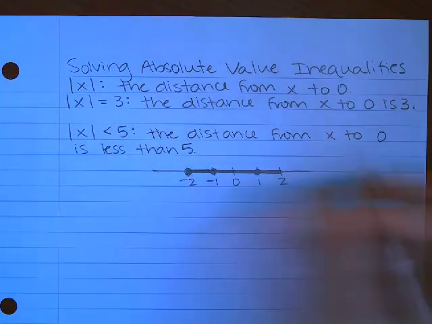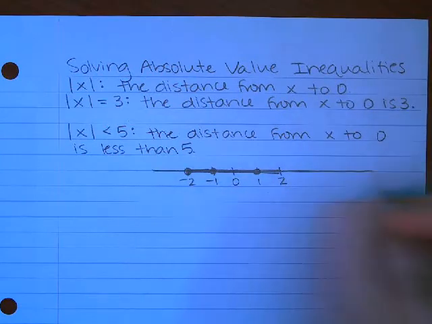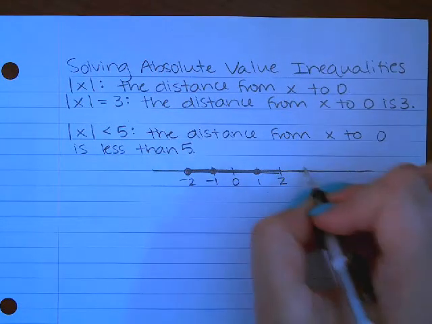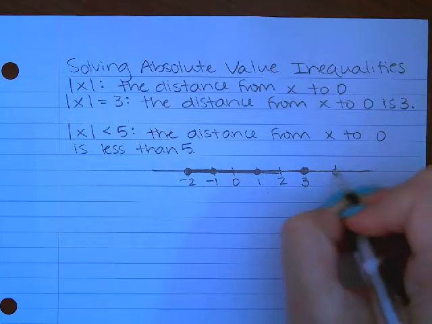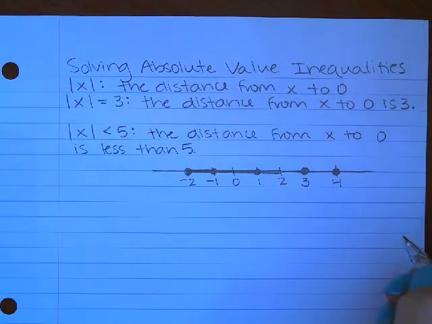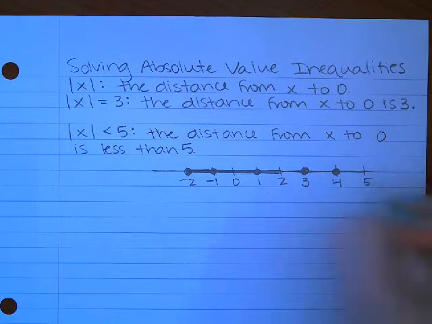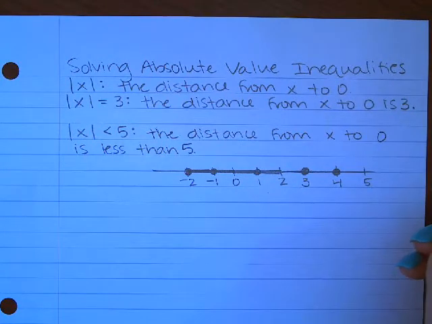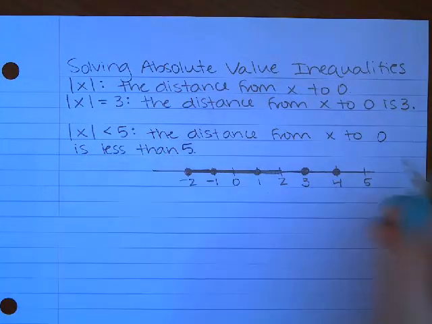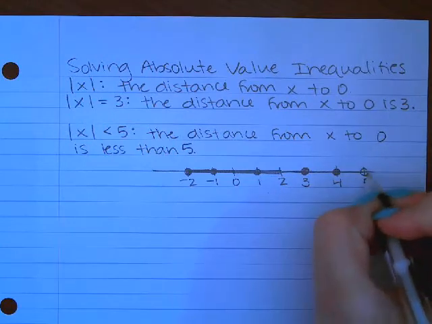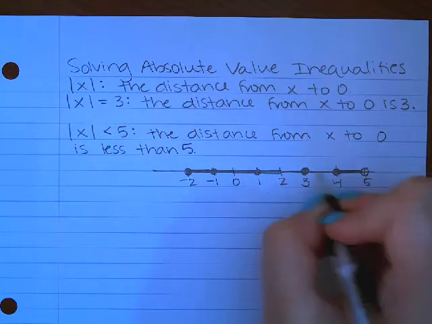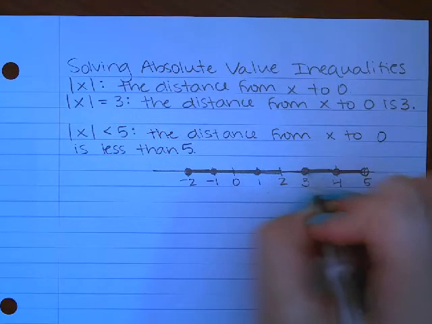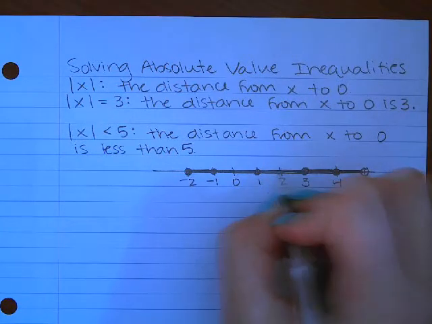In fact, if we keep extending our number line, we can go up to 3. That's a distance of 3 from 0. 4, that's a distance of 4 from 0. We can go all the way up to 5, but we can't include 5 because the distance has to be less than 5. So we could use 4.9. We could use 4.99, 4.999, but we can't get all the way to 5.